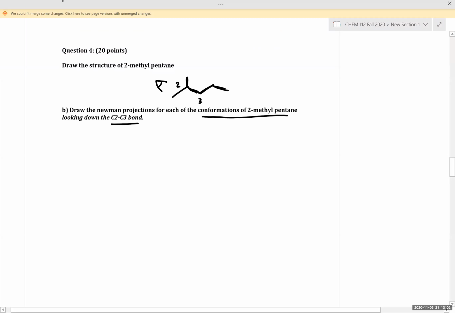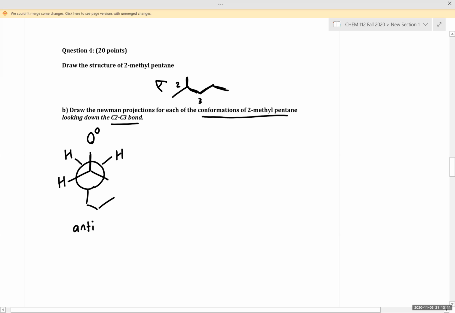Drawing out our Newman projection, looking down the C2-C3 bond, I'm going to draw one of my methyl groups pointing up, and then I'm going to draw the back chain, which has 3 carbons pointing down. Okay, perfect. So this will be our first conformation. We'll call this the 0-degree conformation. And we see in this case our substituents are anti.